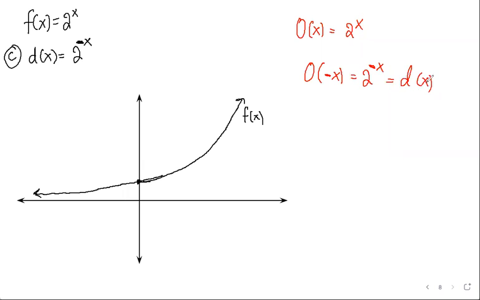So to graph the function d of x, I have to graph the original function. Then I have to reflect it around the y-axis because the minus is inside the function, inside the parentheses. Here we plug minus x, so we reflect all the points around the y-axis. My mirror now is the y-axis.